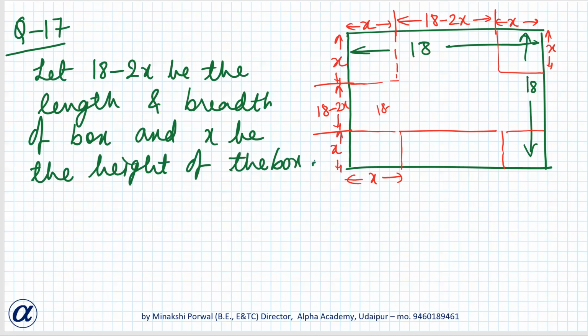Is this thing clear? Basically take a paper, a square paper, and if we remove the 4 corners like this, now from this thing if you lift it up, okay, if this thing you lift, this thing also you lift, and this thing, and you make this thing as height, then what will be the height of the box? Height of the box will be x, this will be the base of the box, so it will be 18 minus 2x and 18 minus 2x.